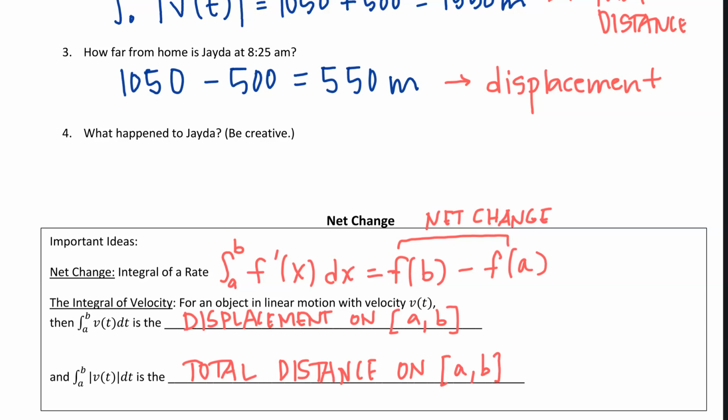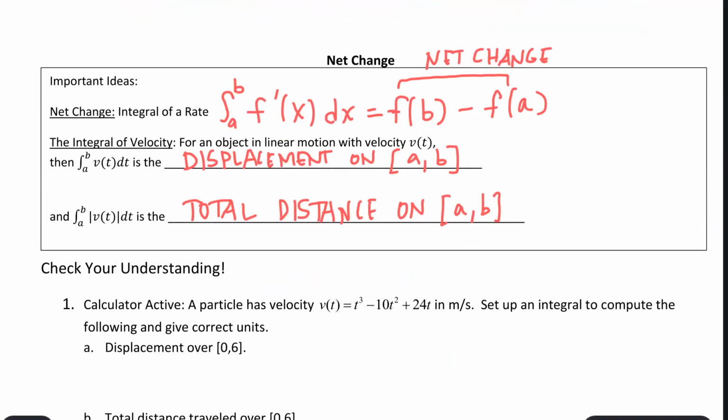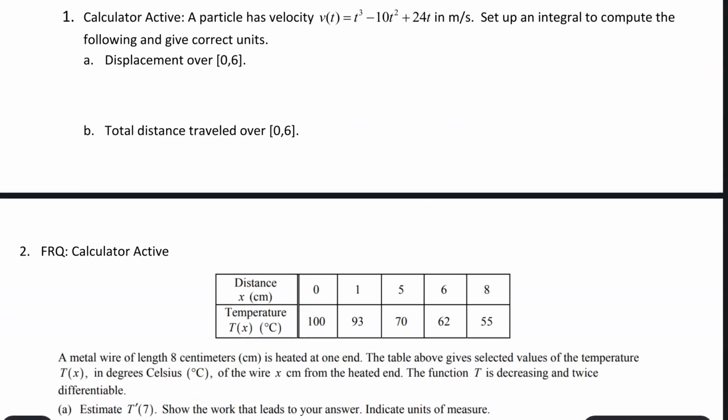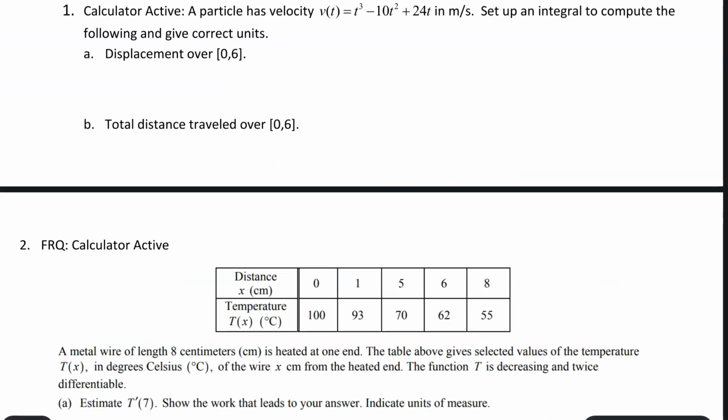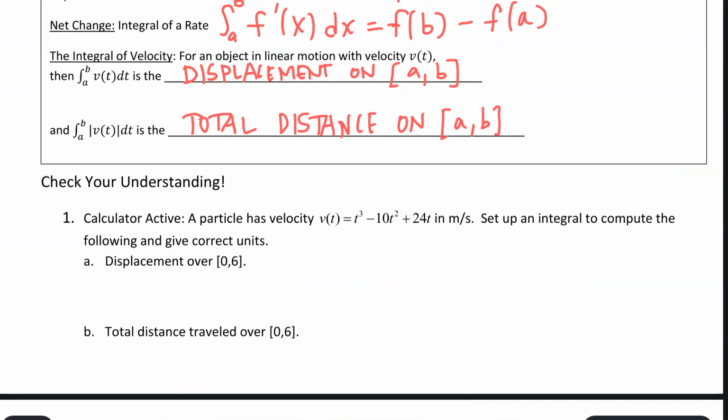All right, so take a minute and see if you can do these bottom questions, these check your understandings, and this calculator active free response question. All right, looking at this one, a particle has velocity of t cubed minus 10t squared plus 24t in meters per second.